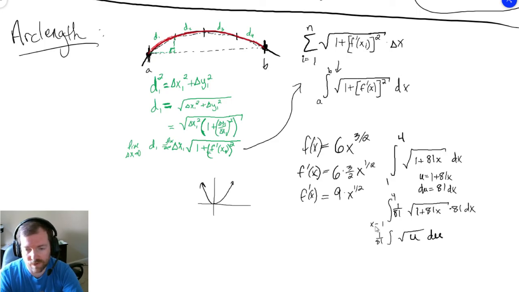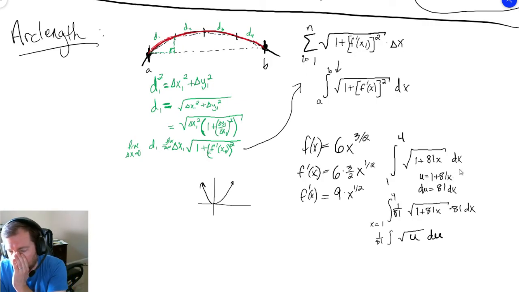As x goes from 1 to 4, we could actually plug this in and figure out the values for u to go a little bit more quickly. So when x is 1, it's going to be 81 times 1 is just 81, plus 1 is 82.